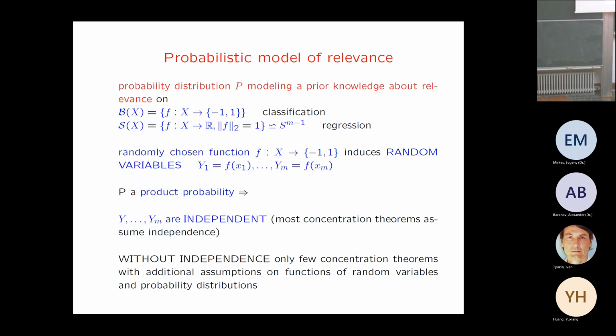So we focus on some relevance, and one way to formulate it is to consider a probability. So you would like to approximate by neural networks some functions that are randomly chosen with respect, however, to some given probability distribution.